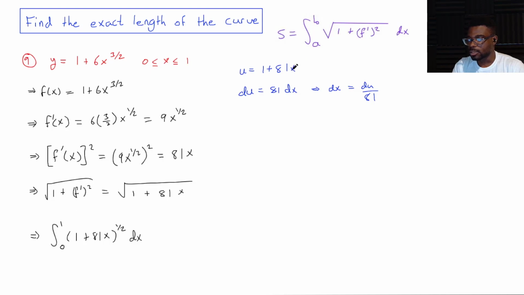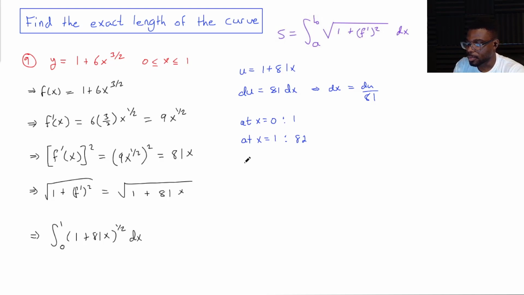So we'll say at x equals 0, our u is going to be 1 plus 81 times 0, which is just 1. And then at x equals 1, our u is going to be 1 plus 81 times 1. So this is just going to be 82. Which means that instead of going from 0 to 1, our bounds are now going to go from 1 to 82.